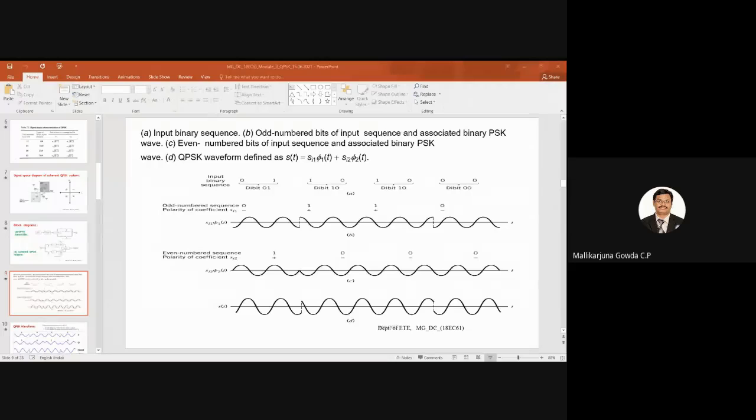If you have any questions, you can ask. If you want me to repeat, I will repeat. Otherwise, I will ask some of the students to say what is the phase of the QPSK waveform for so and so combinations.